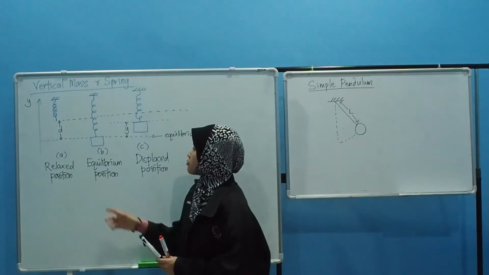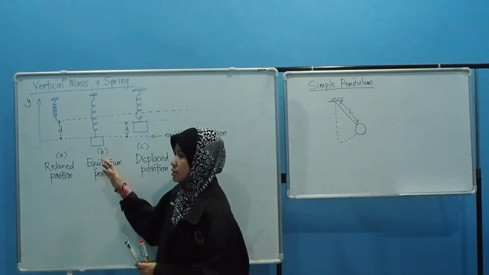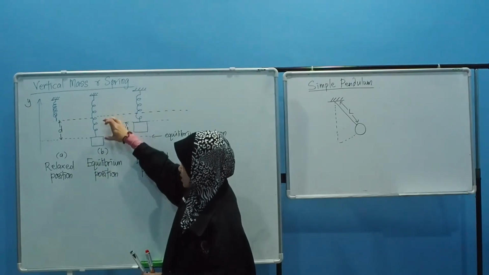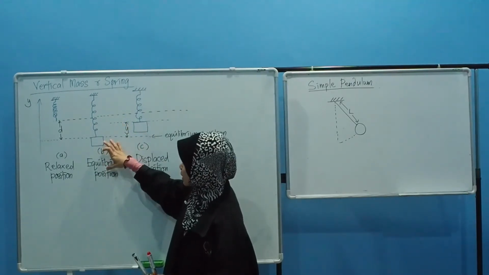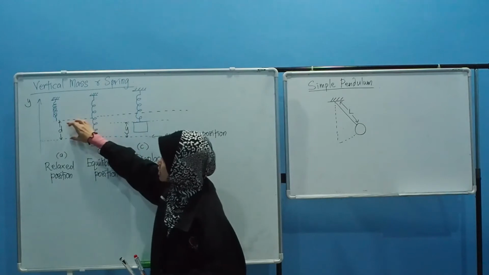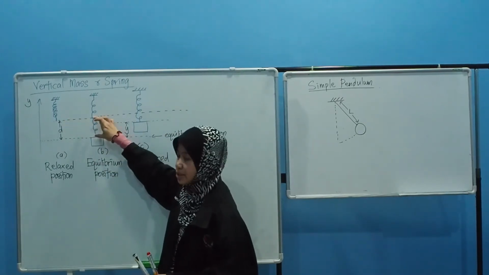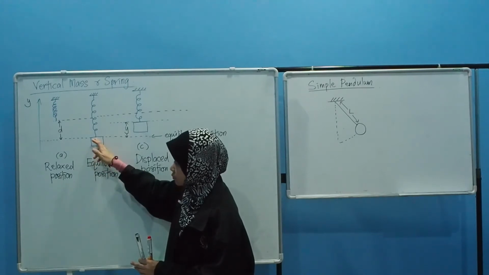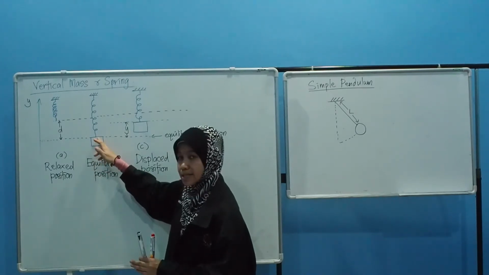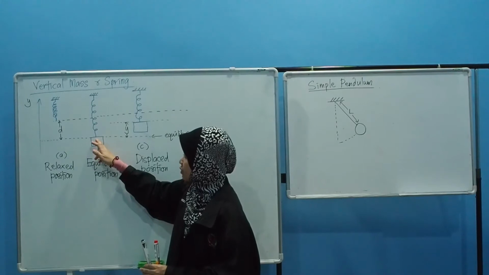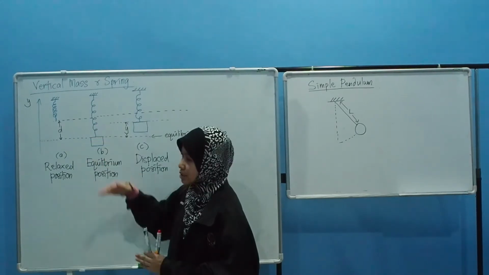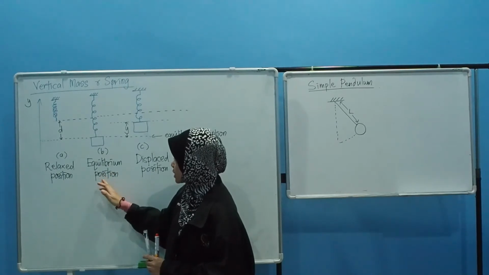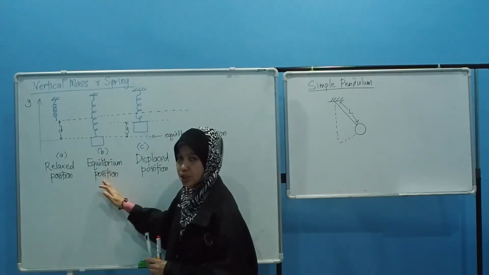And then for B, when the load is attached to the spring, it will extend with a displacement, which I label here as D. It will be static in this condition. When it is stable, it will be static. So here we call the spring to be in equilibrium position.